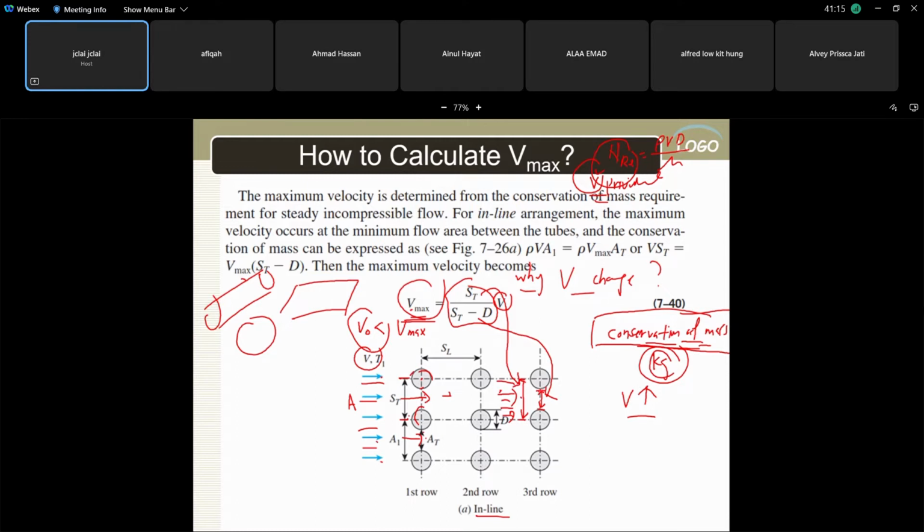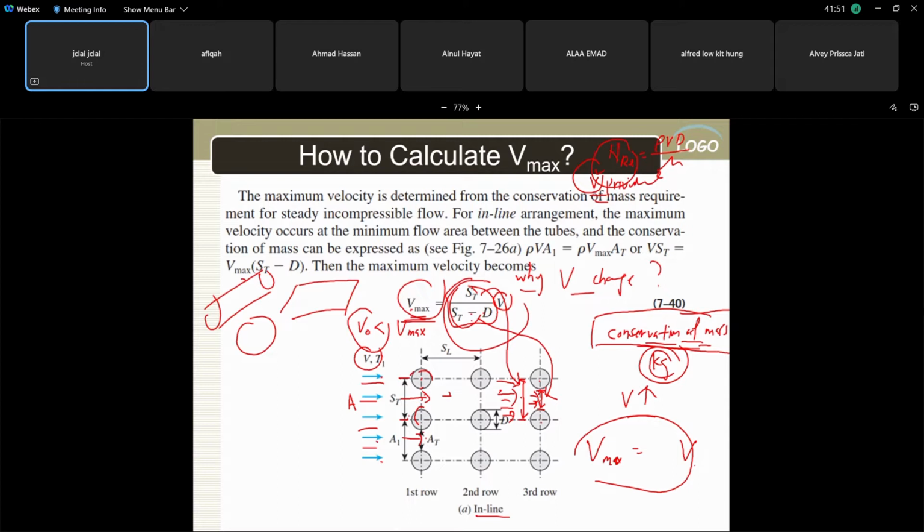But after it enters, it faces these tubes, and the area allowed for the fluid to pass by becomes smaller, becomes ST minus D. So this is the ratio of velocity increase. That's why Vmax becomes this ratio times initial V. So this is the logic behind this formula.